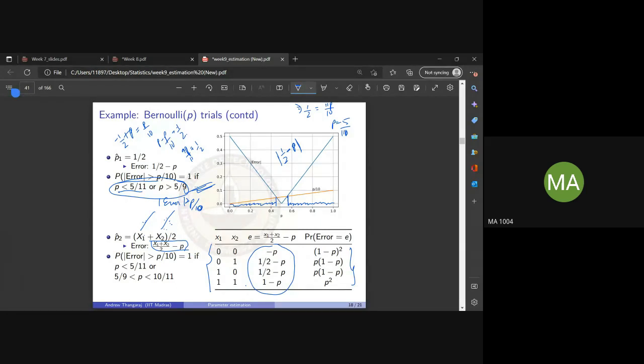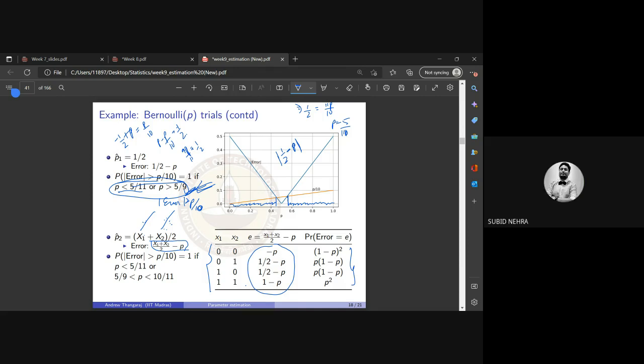This probability is equal to 1 if this happens. We know for sure that if p is less than 5 by 11 or p is greater than 5 by 9, the probability that your error is greater than p by 10 is 1.